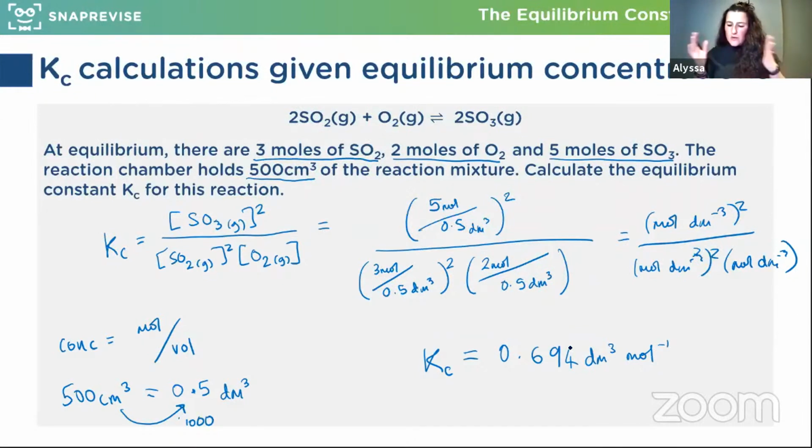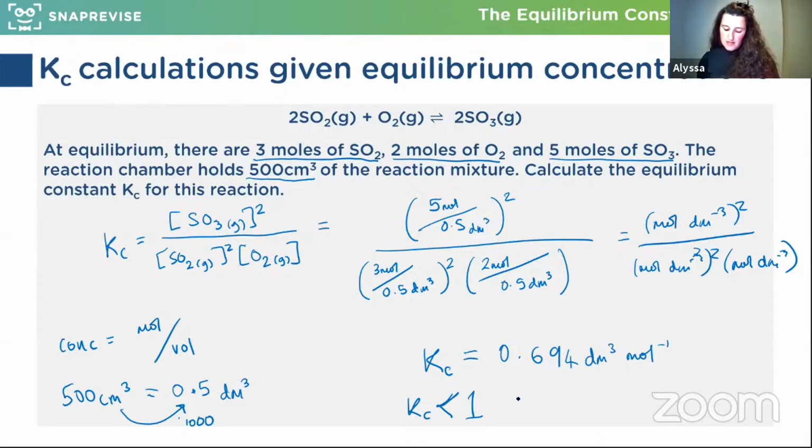Lovely. So where does the equilibrium lie in this case? Where is the equilibrium at the moment? Kc is less than 1. Good, towards the reactants.